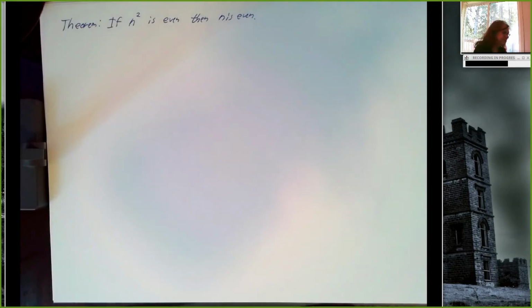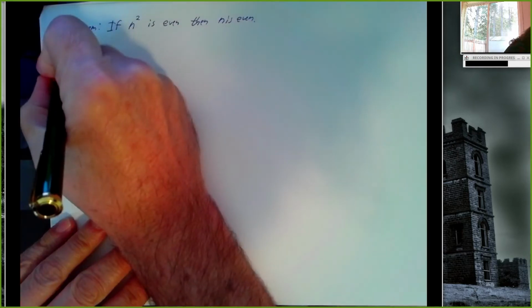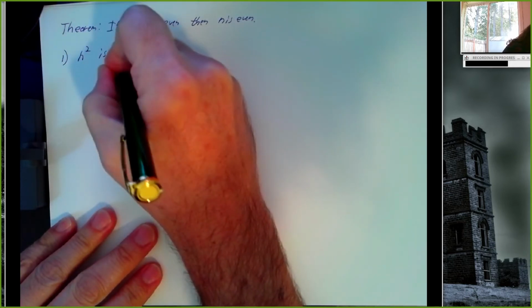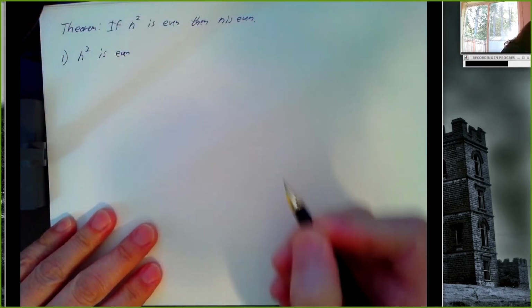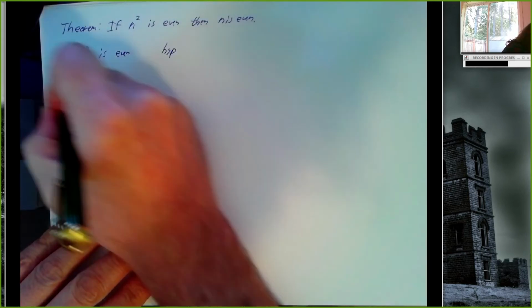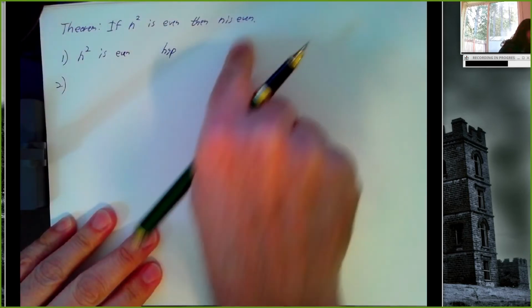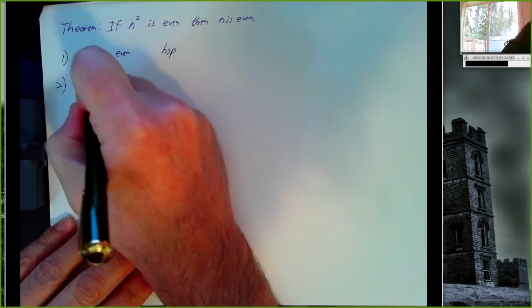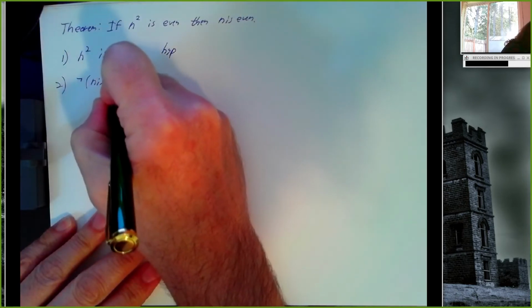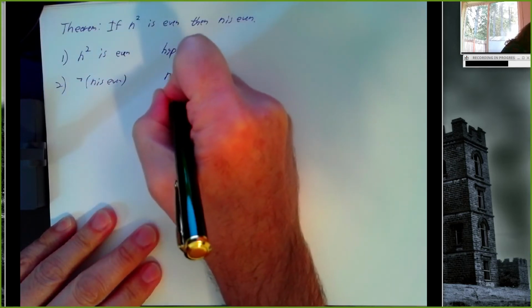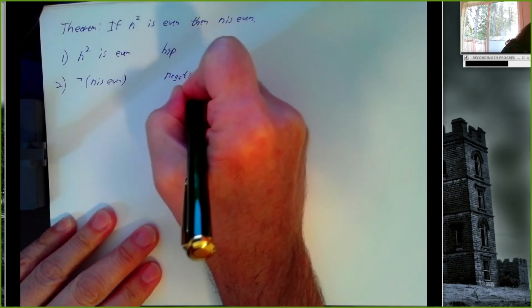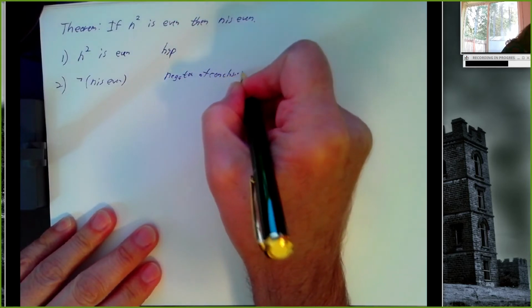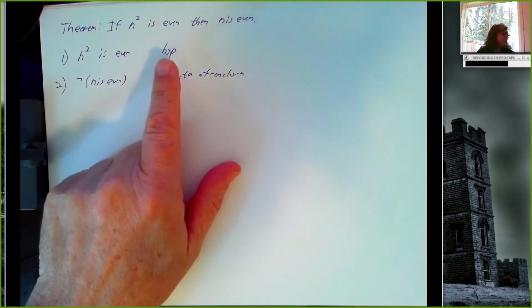So let me state the hypothesis, which is n squared is even. And that's the hypothesis. And now I'm going to negate the conclusion. Right? We know the hypothesis is true.